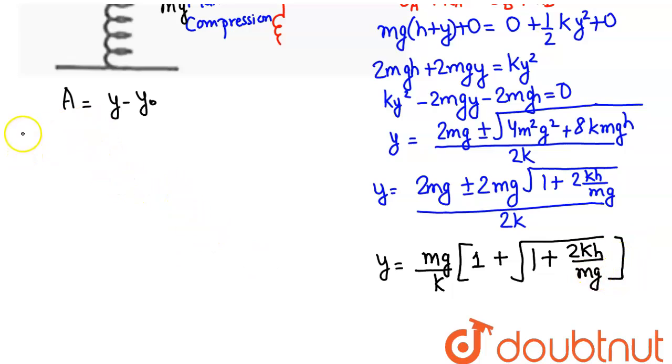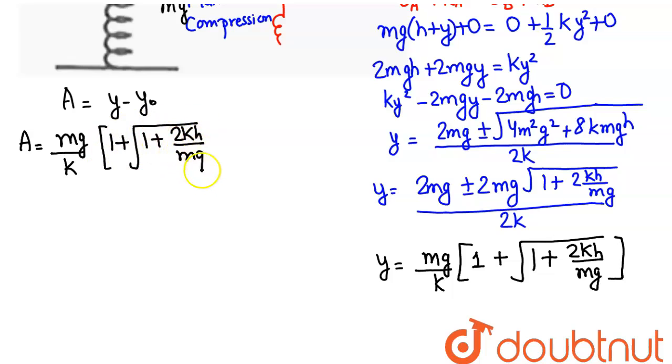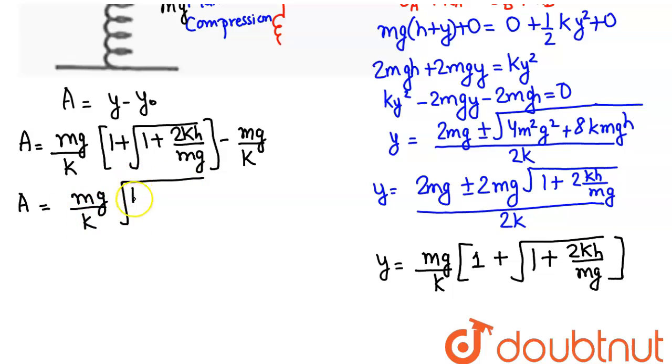Now substituting the value to find the amplitude, this is mg upon k into 1 plus root under 1 plus 2kh divided by mg, and minus y0, which is mg upon k. So mg by k cancels out, and this simplifies to mg upon k under root of 1 plus 2kh divided by mg.